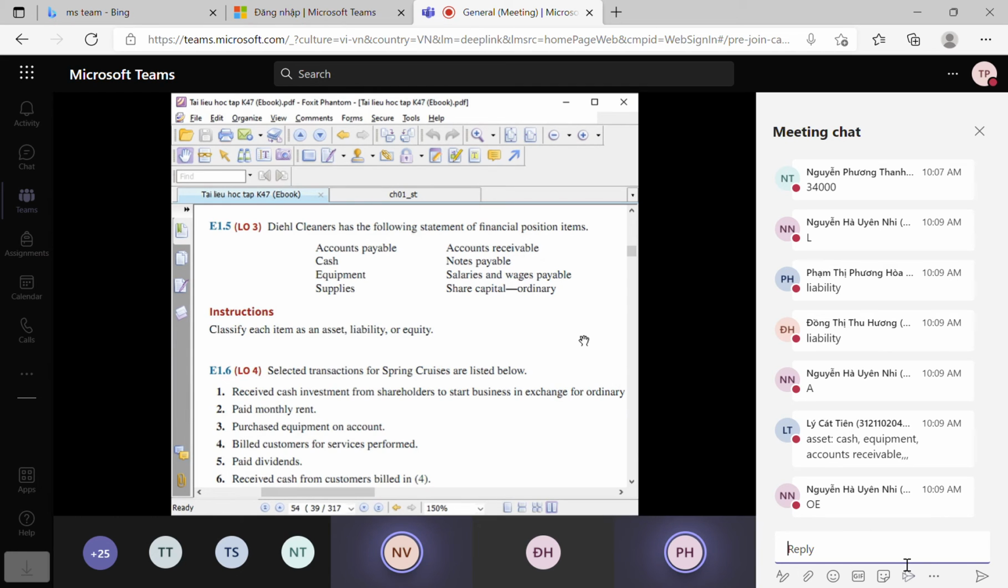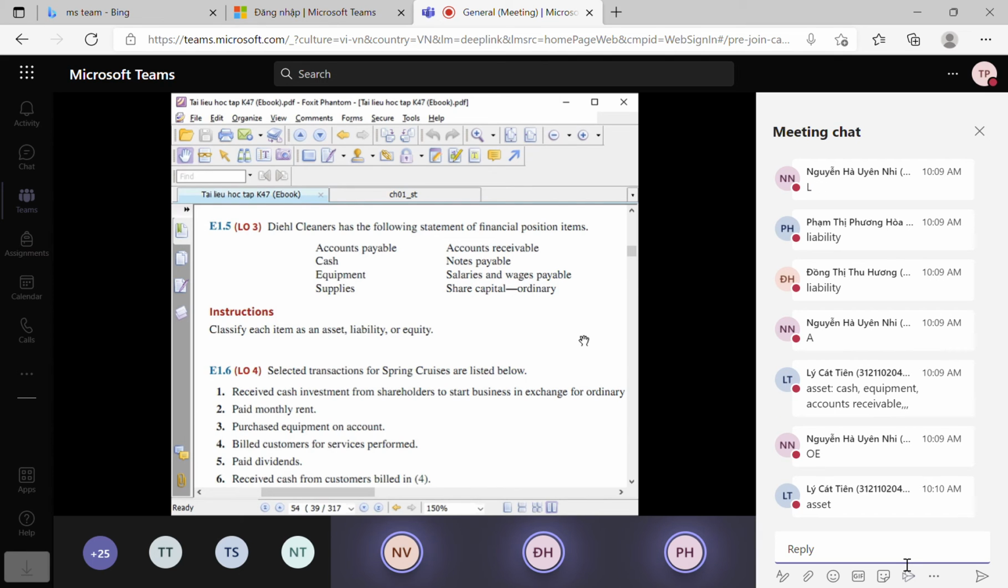Supplies means assets, right. Accounts receivable is asset, right.